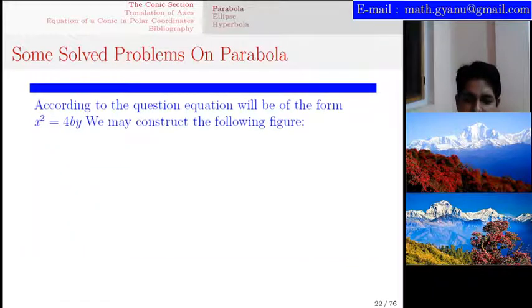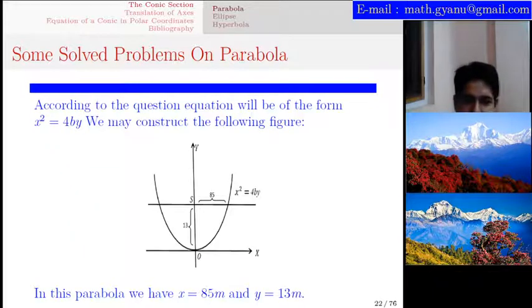So I mention here 85 is the distance from S to the intersection of the span line and the curve x square equal to 4by. Think that here is the origin and this side will be 13, so the coordinate of S will be 0, 13, and this is the span on the right side and S to the other left side.